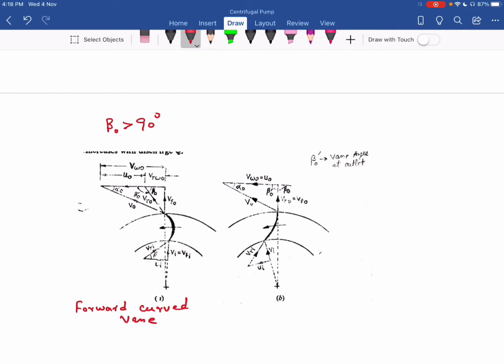If beta O dash equals 90 degree, that is called radial vane or radial curved vane. These are three different shapes of vanes of the impeller in case of centrifugal pump.